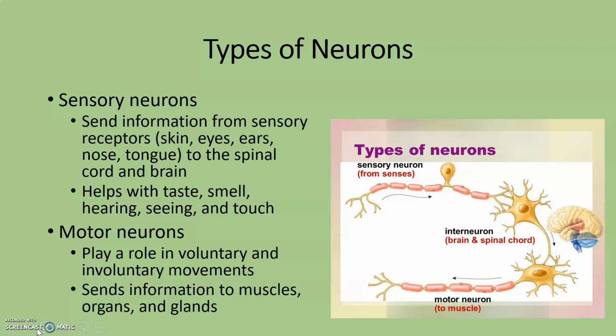Now, there are 3 types of neurons, and these neuron types are classified according to the direction in which they transmit impulses.